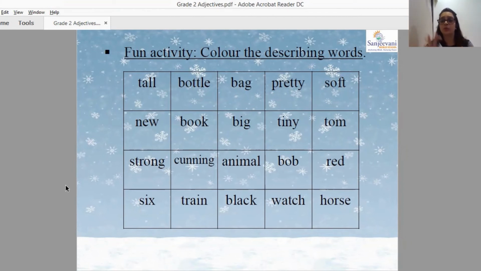So these are the few words which are mixed. Out of this, you are going to color it, or you can note it down in your rough book or anywhere. Only the describing words, only the adjectives you are going to write. Now let us see the answer.